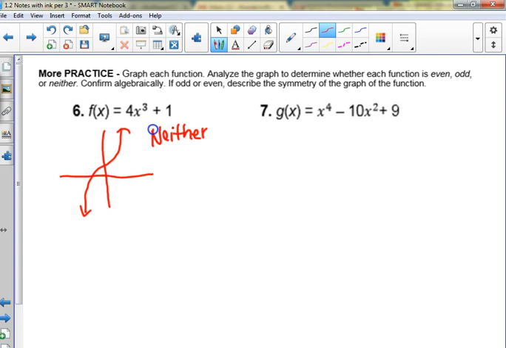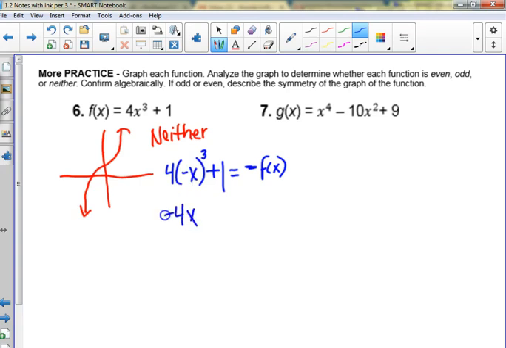Let me show you the test, okay? If we put in the opposite of x, we're supposed to get out the opposite of f of x. When I do this, I get a -1 x cubed. Everybody okay with that?